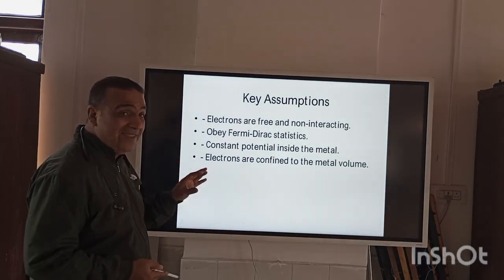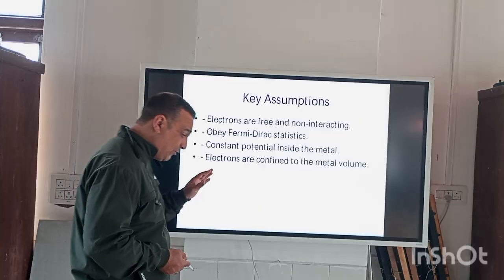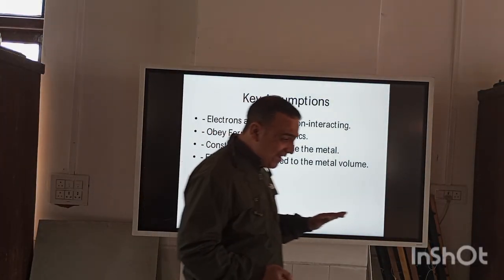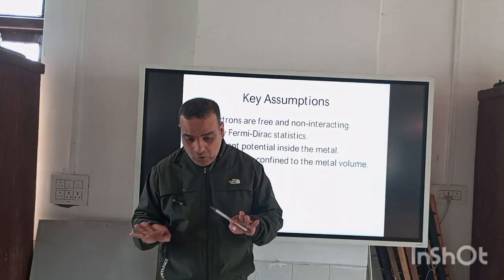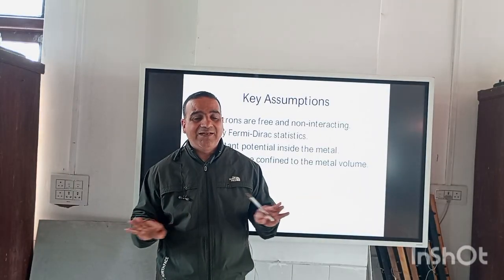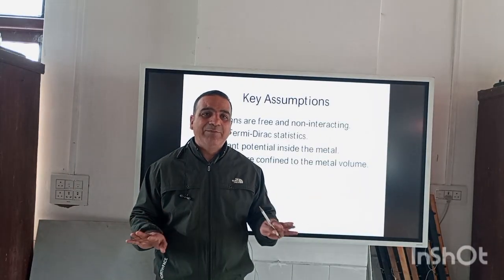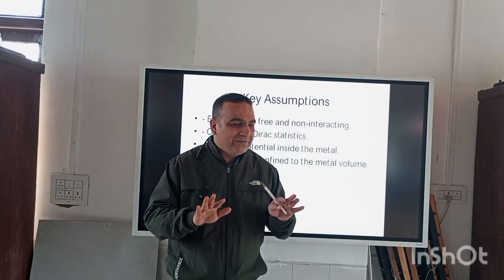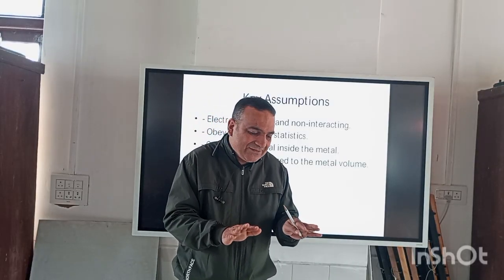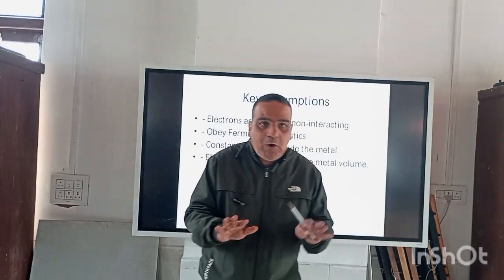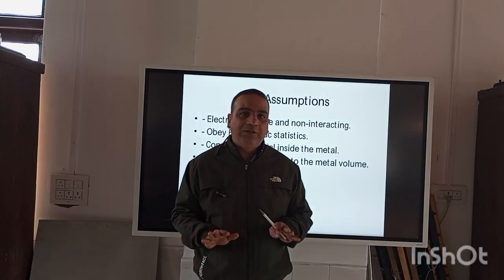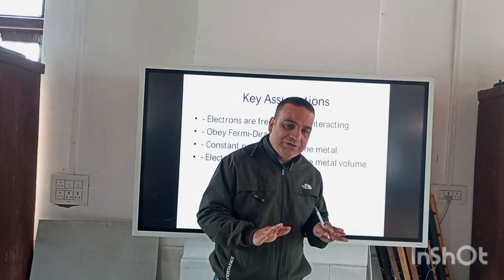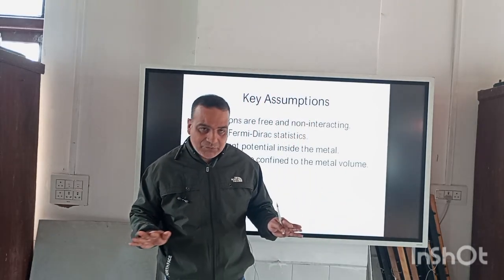Electrons are free and non-interacting. They don't interact with each other. They obey Fermi-Dirac statistics, and we know Fermi-Dirac statistics is applicable to situations where the system consists of particles called fermions, which in their distribution obey Pauli's exclusion principle.